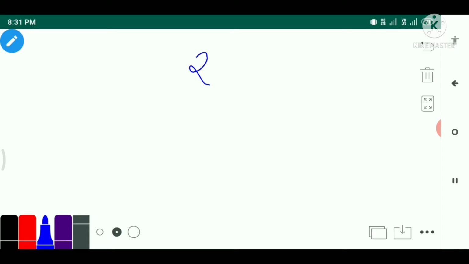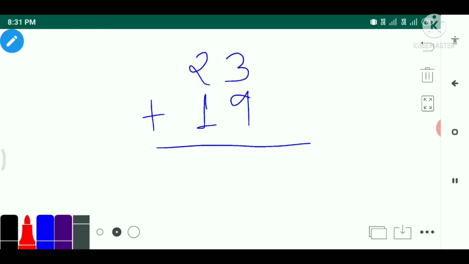Suppose 23 and 19, we have to add these two. So we'll start from ones place value. So 3 plus 9, it will be how much? 1, 2, 3. 3 is there and 9: 1, 2, 3, 4, 5, 6, 7, 8, 9.